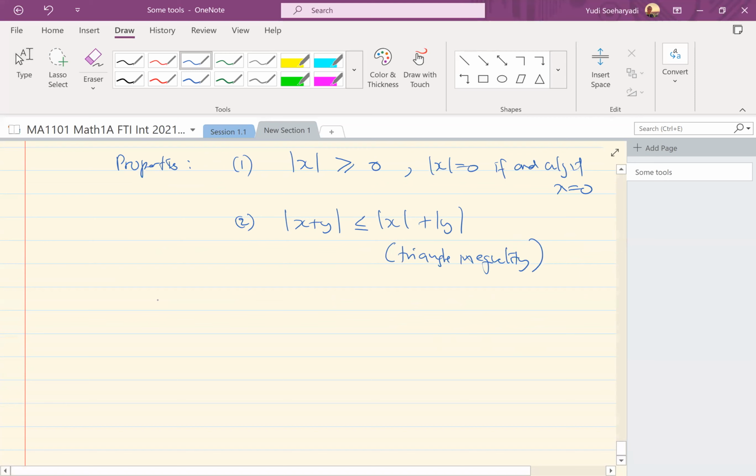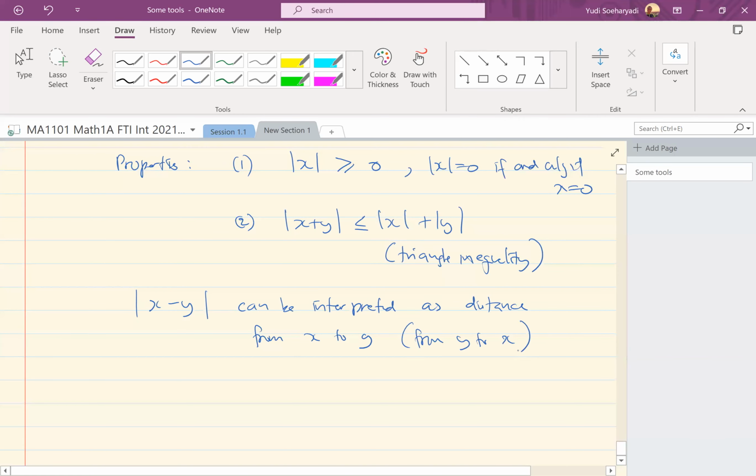Something that looks like this can be interpreted as the distance from x to y, or from y to x, because distance doesn't change.